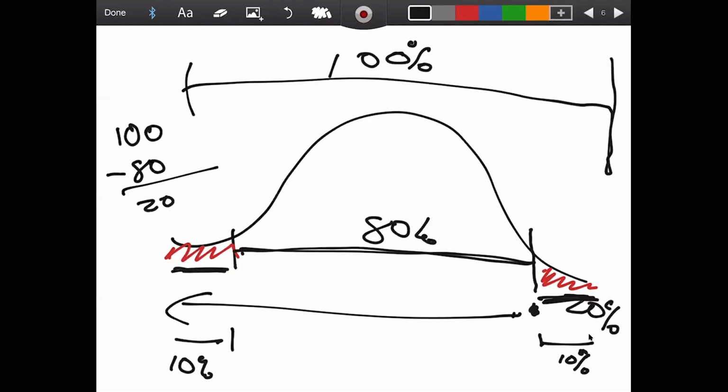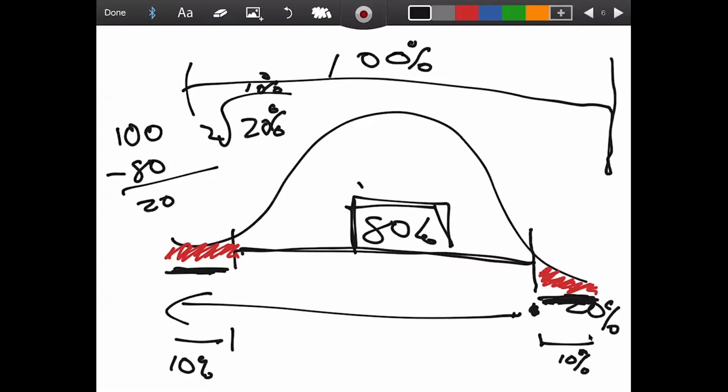And we know we need two tails here, two tails of equal probability. And so we take that 20% and we divide it by 2. And so that gives us 10% in each tail. So we know if we get a z-score that corresponds to having 10% in each tail, what's left is this 80% in the middle.